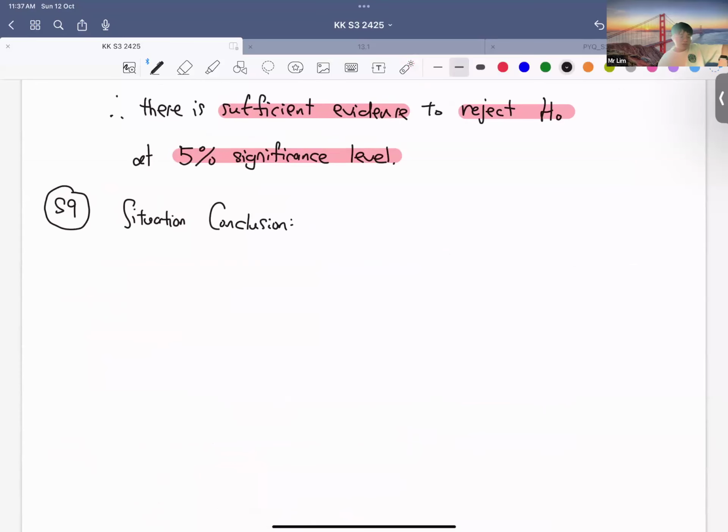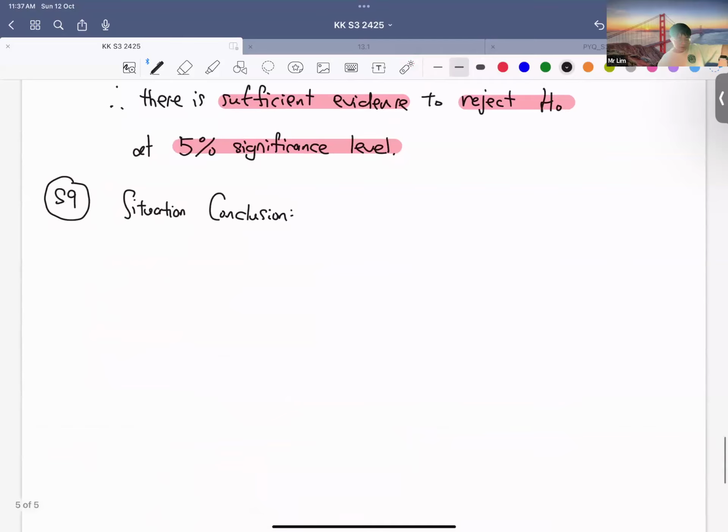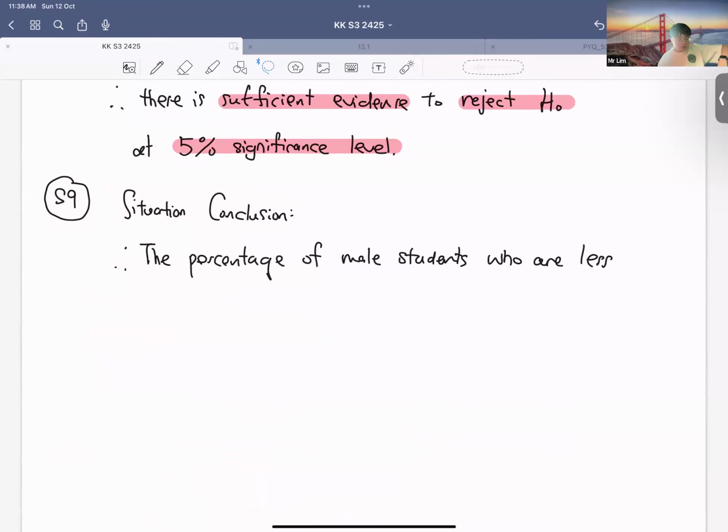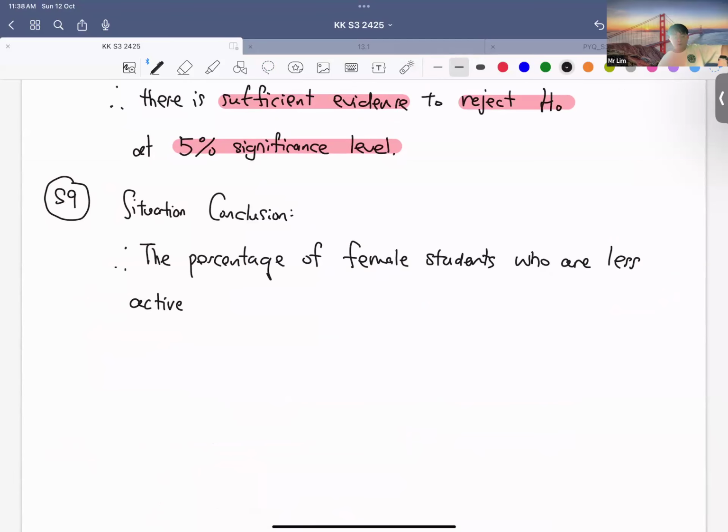So the situation conclusion is we have to link back to the sentence. Okay, therefore, the percentage of male students who are less active. Sorry, we are doing female, right? Not male. Female students who are less active. I mean, now I'm doing female.